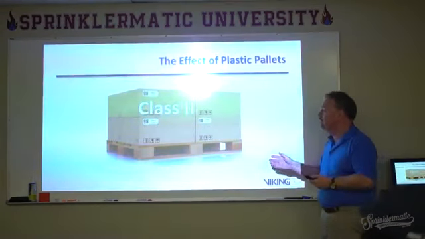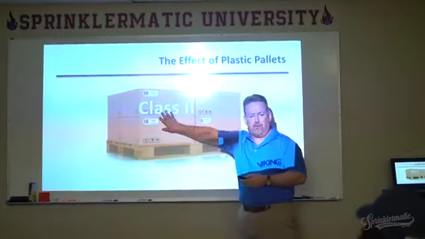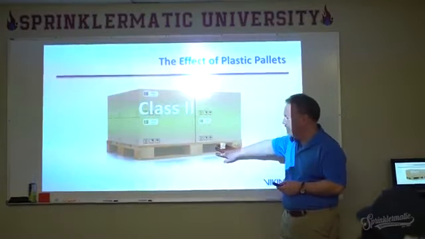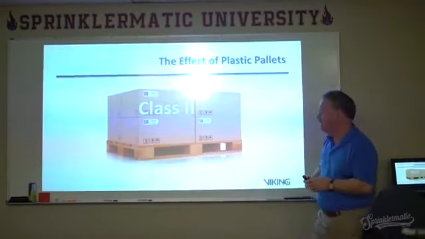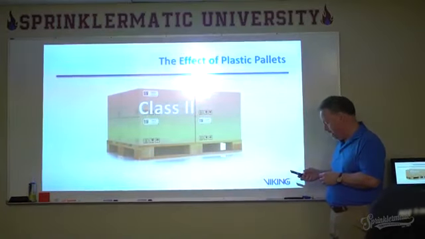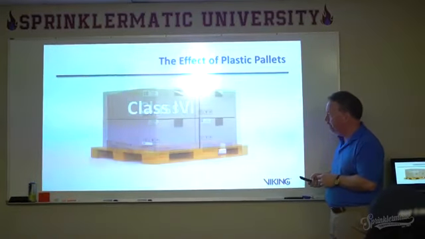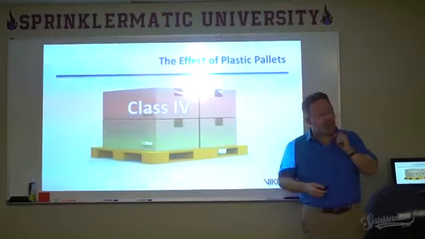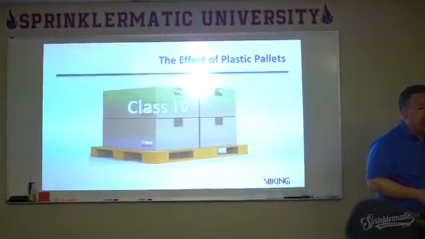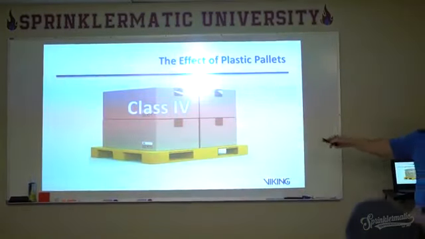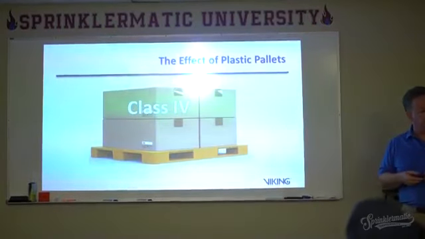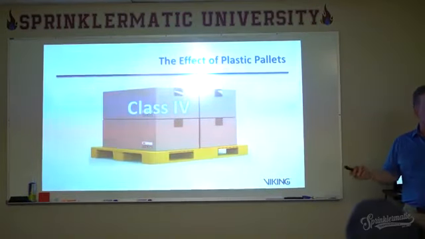So in this case, if I have a Class 2 commodity on a wood pallet, I have to protect it as a Class 4 commodity if I'm going to be using reinforced plastic pallets.